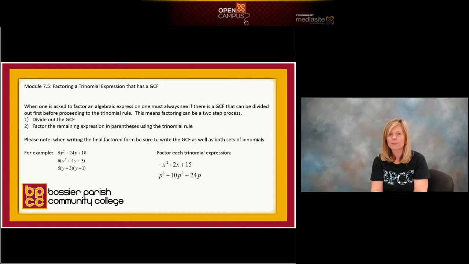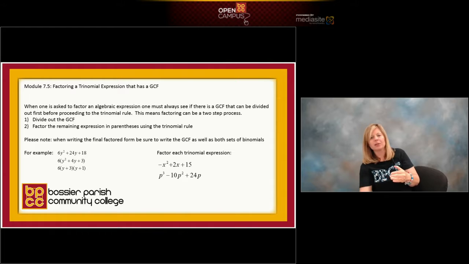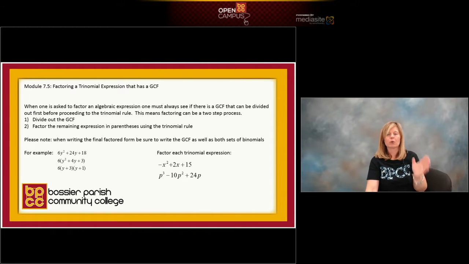Well, there's only one option, 1 and 3. Does it work? Well, let's see. I got to add to what's in the middle, which is 4. Will 1 and 3 add to 4? Yes. Because I said add, the signs have to be the same. Because I want to add to a positive 4, the 2 signs are both going to be positive. So this expression, factored completely, is 6, parentheses, y plus 3, parentheses, y plus 1.